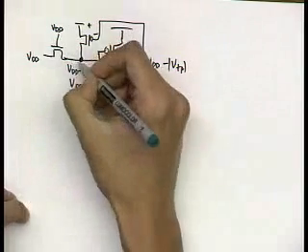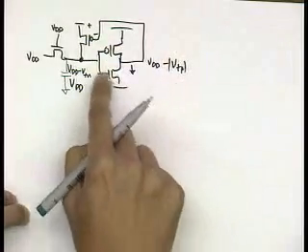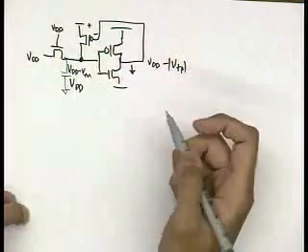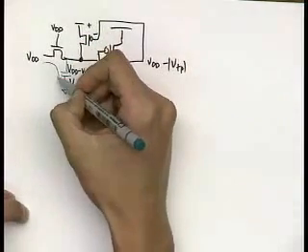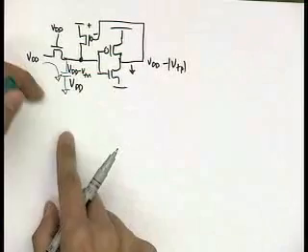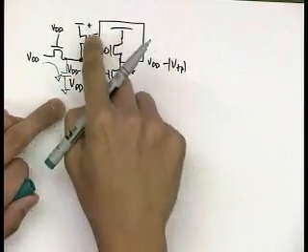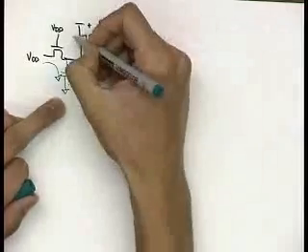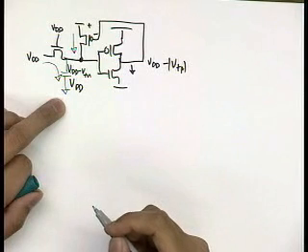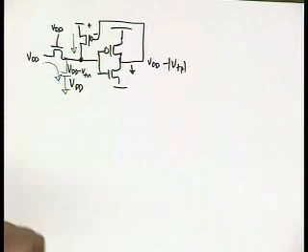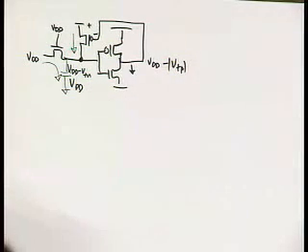If you have the gate capacitance of your inverter, and whatever load capacitance you have here, initially all the current will be coming from your input, charging this. But as soon as this goes down below VDD minus VTP, this turns on, and I now have extra charging current from that transistor. So I'd expect to get some sort of speed up because I have more current available here. So that's good.